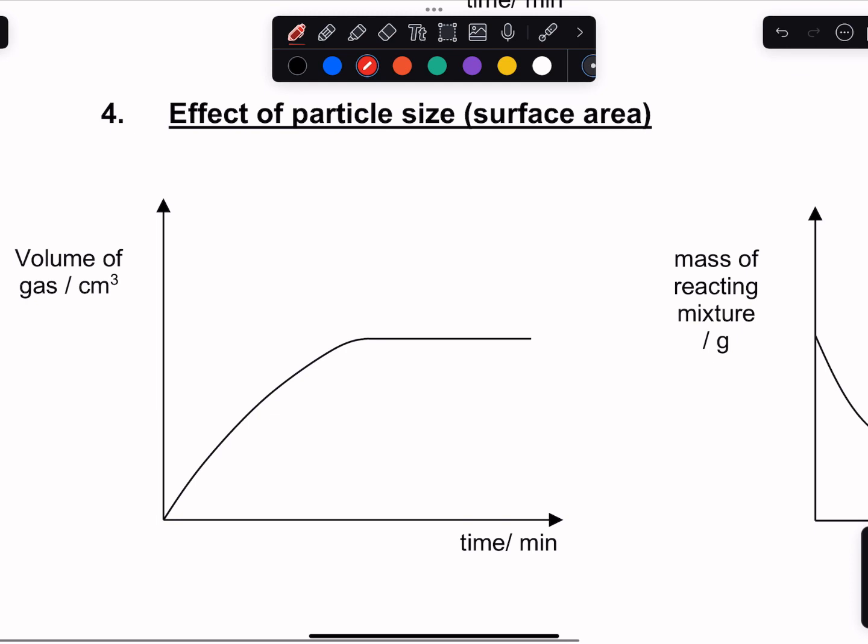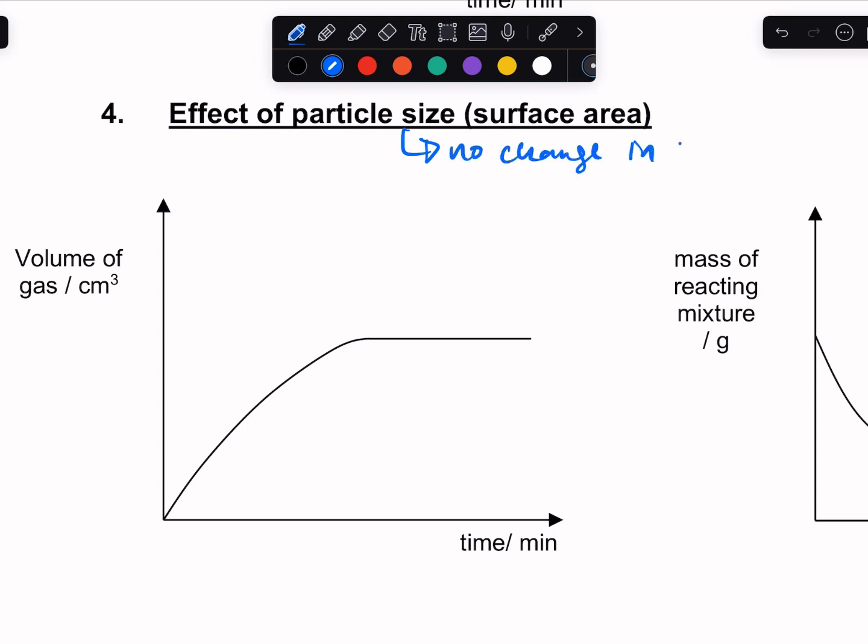Okay, what about particle size then? Again, when I change particle size, no change in number of moles. You just take something that's bigger and grind it to more powdery. So technically the total mass is the same. There's no change in number of moles. Okay, so with that, let's look at a larger surface area with the same volume.